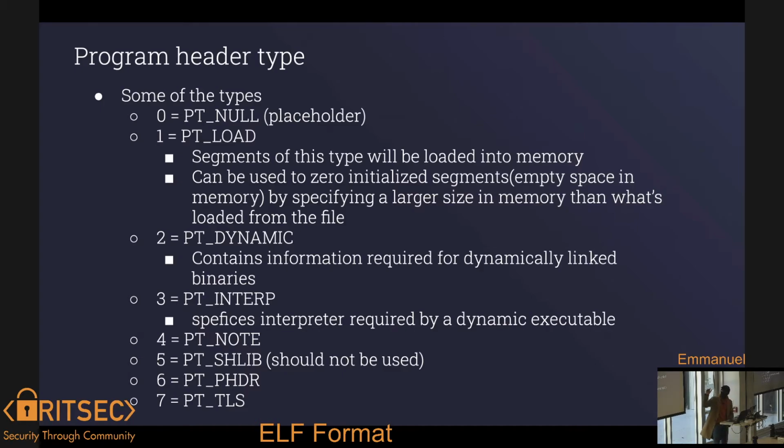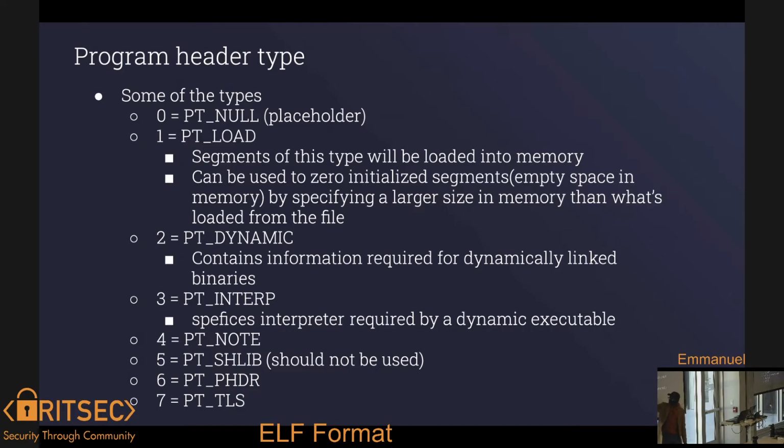This is used to allocate a certain amount of space in memory, used to allocate memory for other purposes. Number two is dynamic, and it contains information about dynamically linked binaries, the things you need outside of your own code. Interpreter is again used by the dynamically linked executable, and the rest is note.